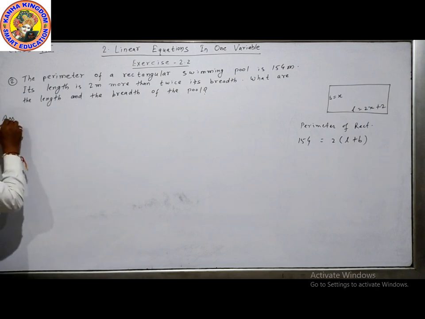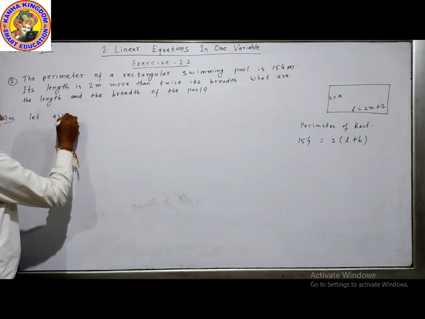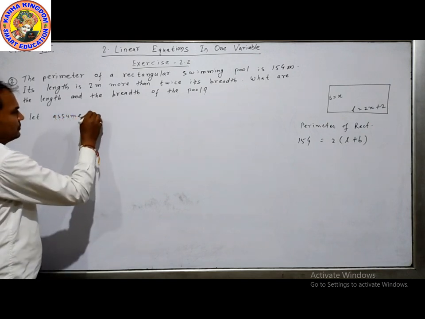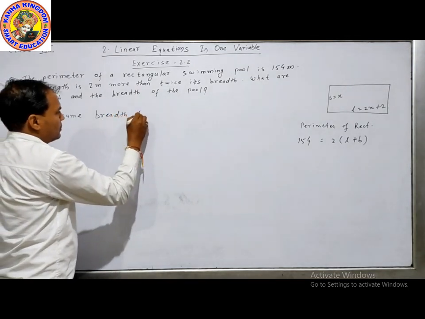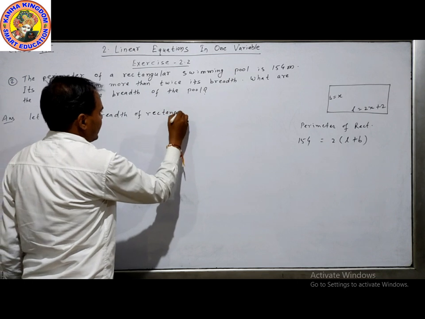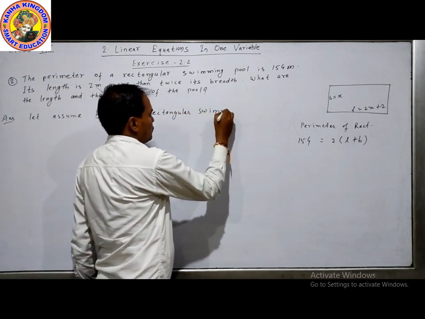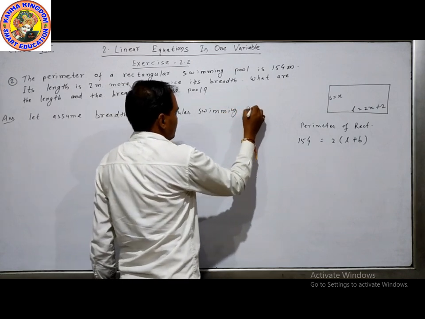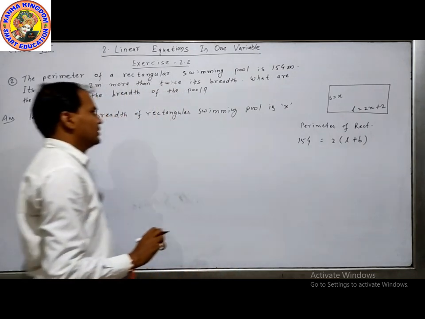In the answer, let us assume the breadth of the rectangular swimming pool is x.